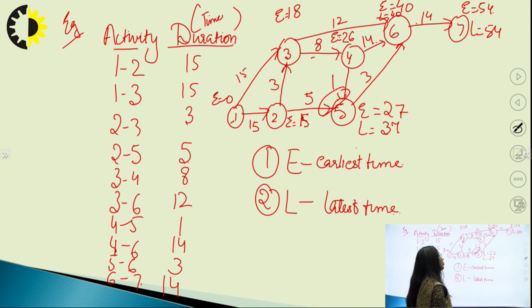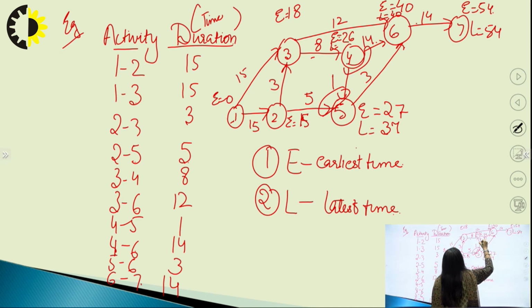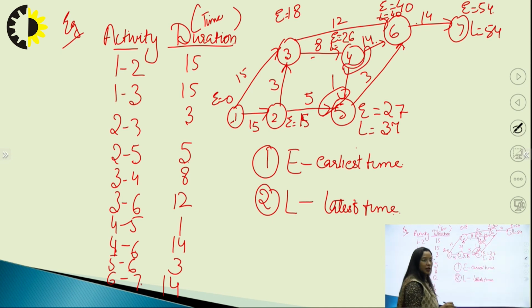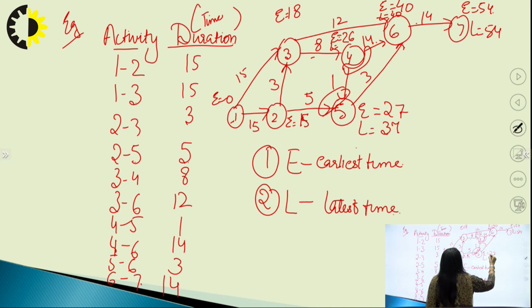Now we will go to 4. Here you can see there are two arrows diverging. So this will be 37 minus 1, that will be 36, and 40 minus 14, that will be 26.